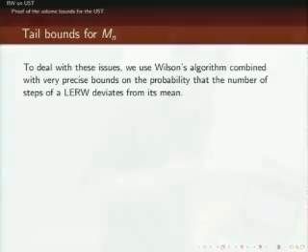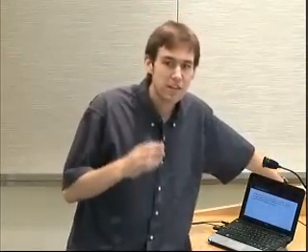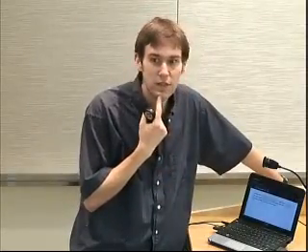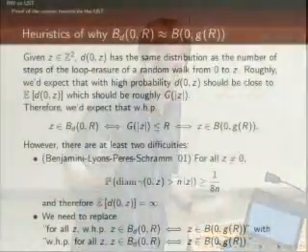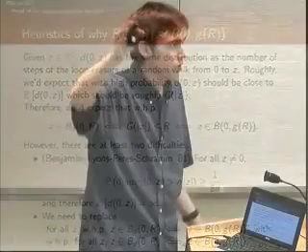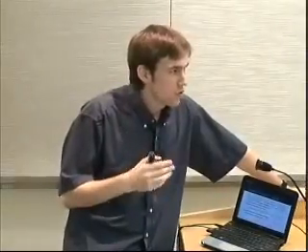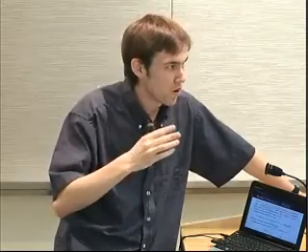What we're going to do is use Wilson's algorithm and combine it with very precise bounds on the probability that the number of steps of a loop-erased random walk deviates from its mean. The goal, I don't know if I succeeded, was to convince you that at this point in the program, when we're trying to prove this volume growth estimate, it's going to be very useful to get very precise estimates on the number of steps of a loop-erased random walk.